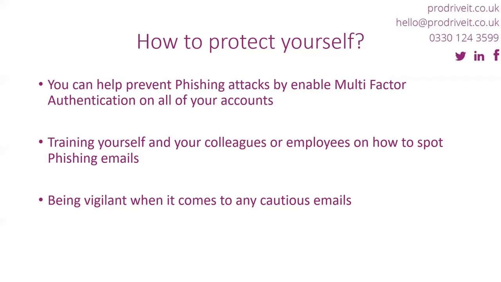This is just an extra layer of security, so that even if someone does have your password, even if you have accidentally put in your password somewhere, they would still need that second factor of authentication, such as your phone, to log into your account. So once you realize that you may have given your password out, you still have that extra layer of security, and you can then change all your passwords.